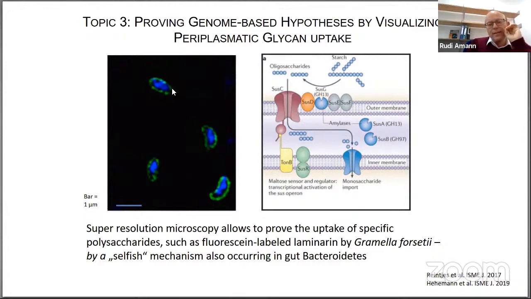You find a staining that is a circular one surrounding the cell. And that is reminiscent of a staining of the periplasm. So the fluorescently stained polysaccharide, oligosaccharide, goes into the periplasm. It is bound to the surface as well. And that's why you get that type of staining.